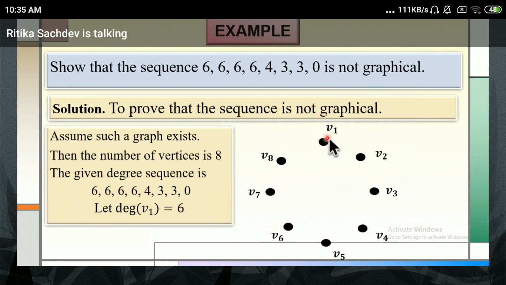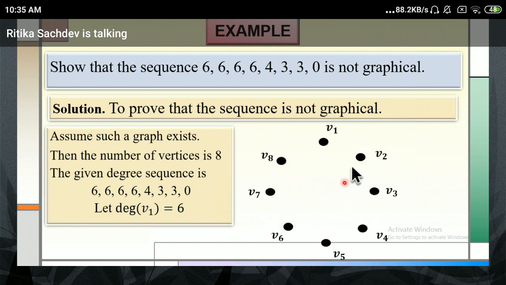So now I have plotted 8 vertices: V1, V2, V3, V4, V5, V6, V7, V8. And I said degree of V1 is 6. That means it is adjacent to 6 more vertices. Now, which 6 vertices can I take? Start from V2 and go in circular order and tell me which vertices it should be adjacent to.